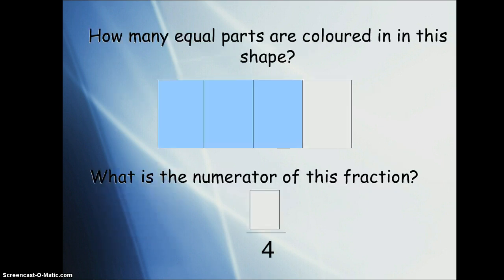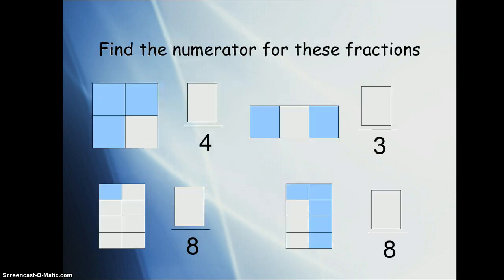How many equal parts are colored in this shape? Well, we know that there's 4 altogether because that's our denominator. But now they want us to talk about the colored shape. So there's 1, 2, 3. The numerator of this fraction would be 3. Let's find the numerator for these fractions.